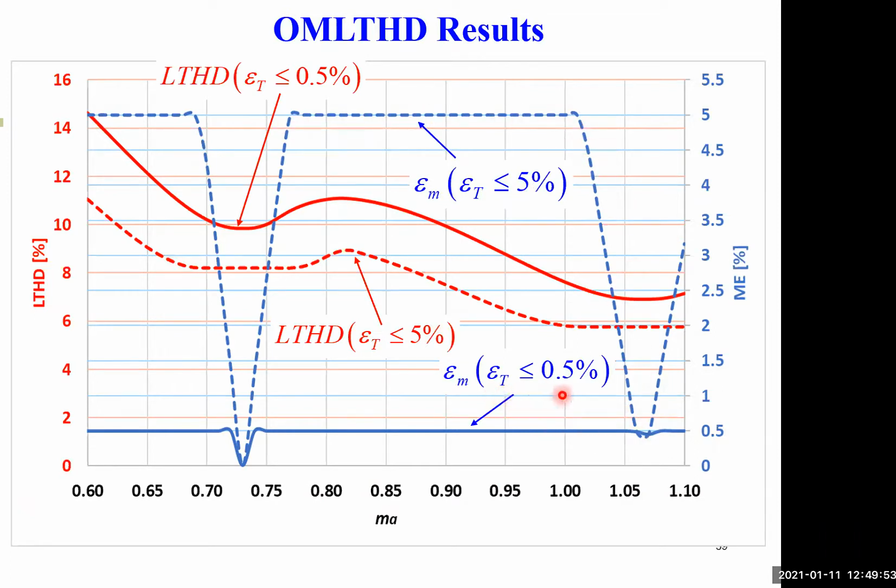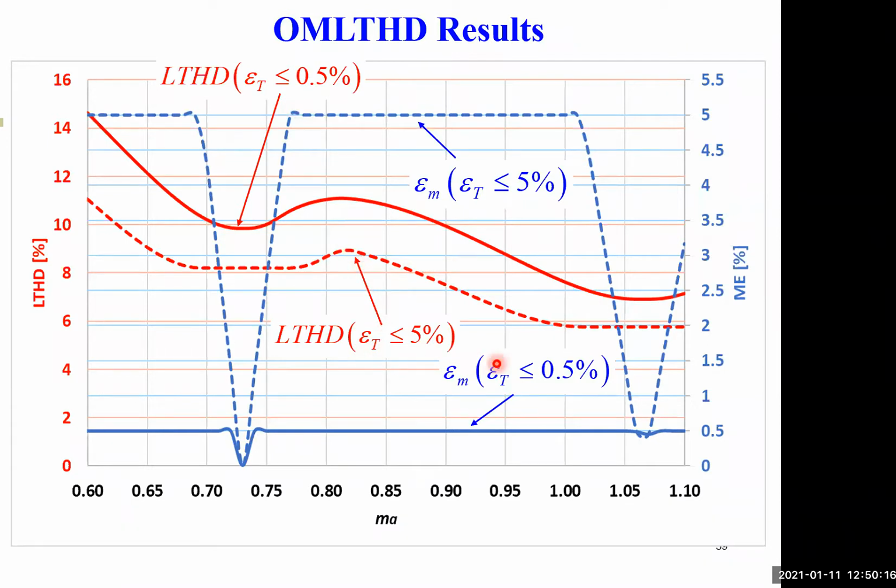And once we repeat the optimization, this time with 0.5% here. And these are the corresponding minimum THD. As you can see, LTHD, when the target modulation error is allowed to reach 5%, will be much lower than if we restrict the modulation error to 0.5%.